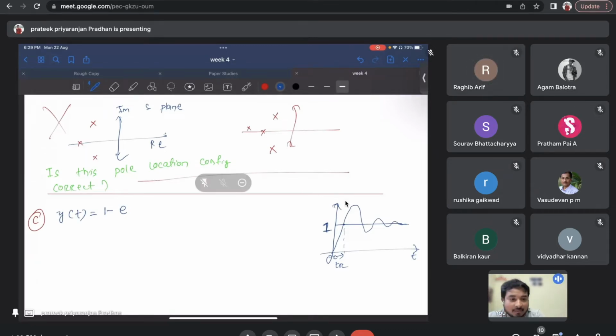Yes. Very good. That's the equation. So I will just write it down. If any of you has pen and paper, you can also write it down.